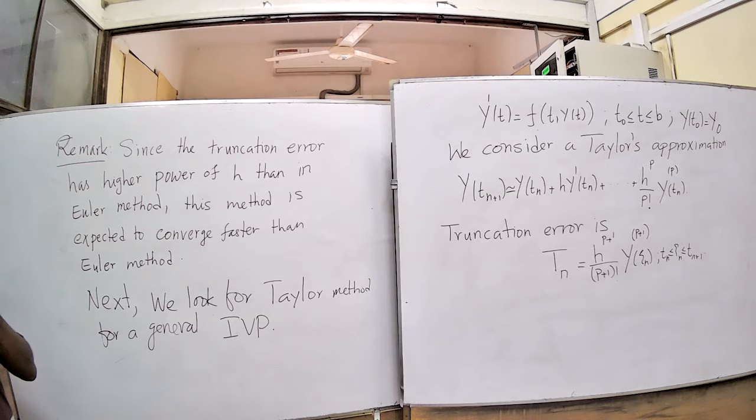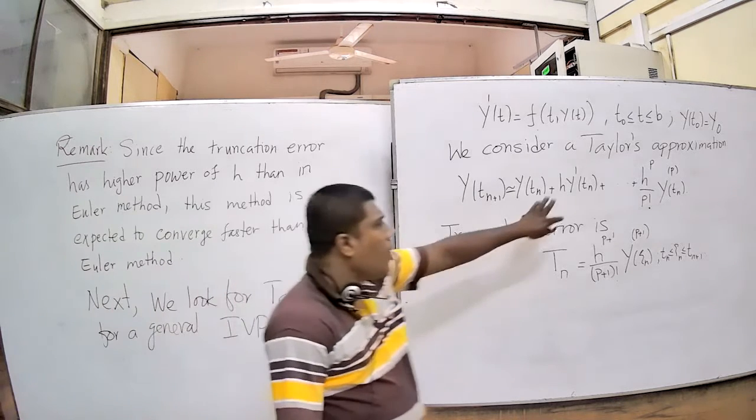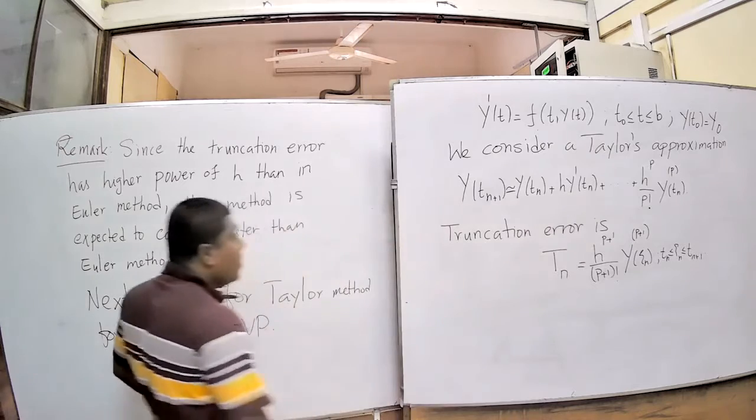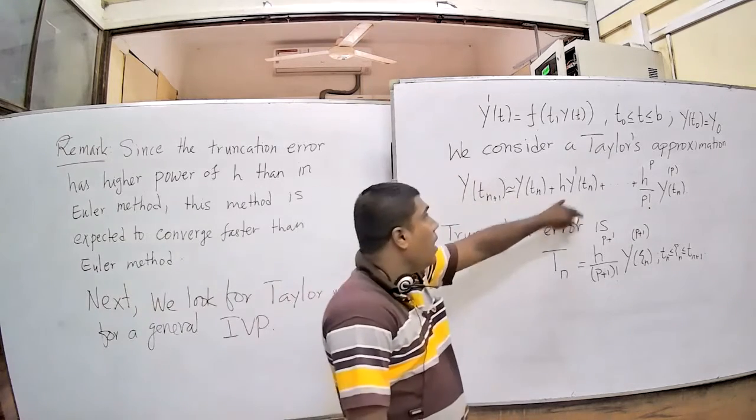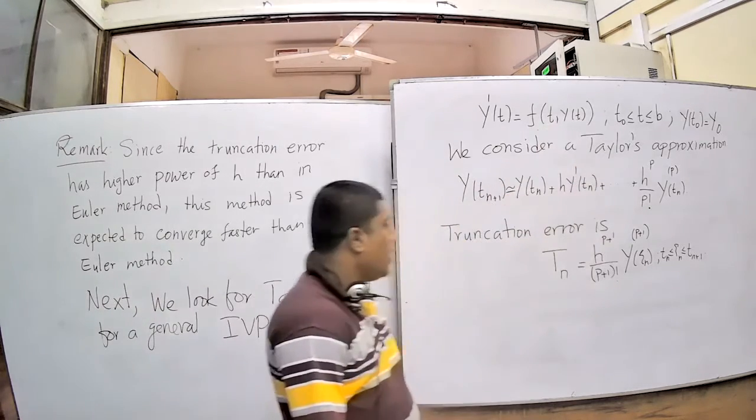Now if you look back at the example, to approximate y prime, you have the formula given in the problem, so that's fine. Y prime is f of t comma y(t).